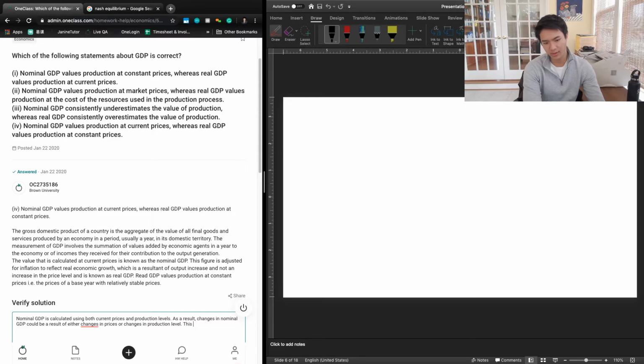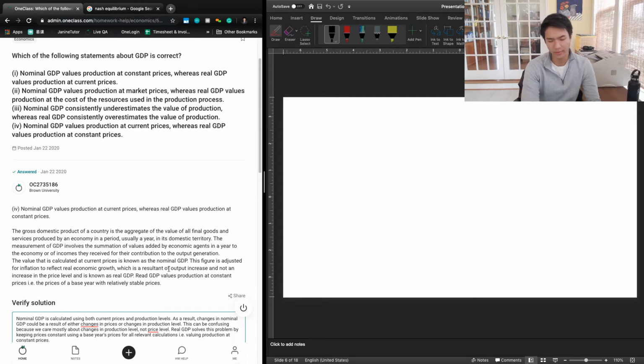This can be confusing because we care mostly about changes in production level, not price level. Real GDP solves this problem by keeping prices constant, using a base year's prices for all relevant calculations, i.e. valuing production at constant prices.